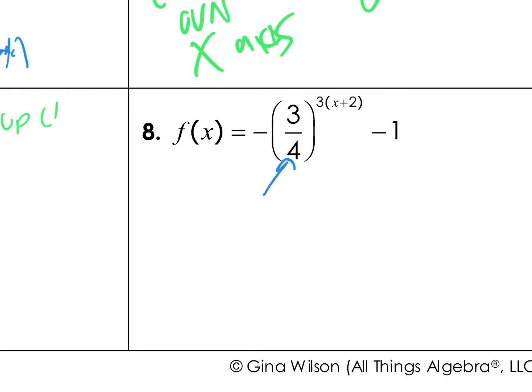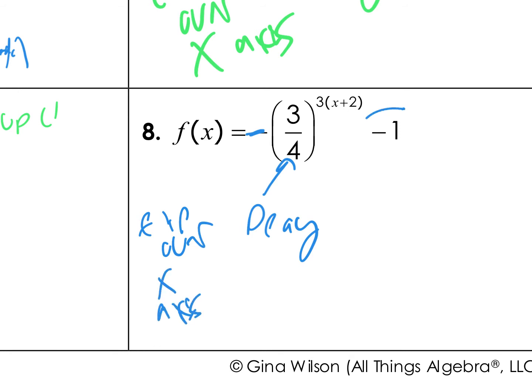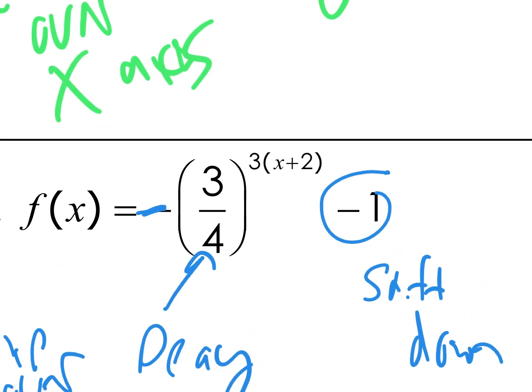3/4 is less than 1, so it's a decay. This minus means flip over the x-axis. This minus 1 means shift down 1. And now I'm looking at this problem, and I think I made a mistake above because I don't want to distribute the 3.